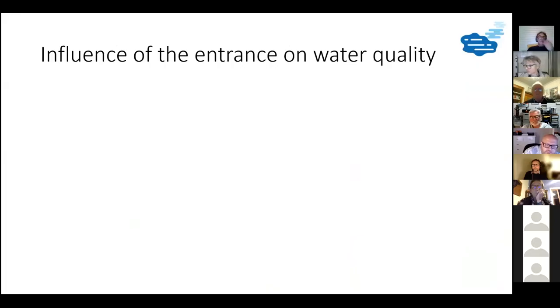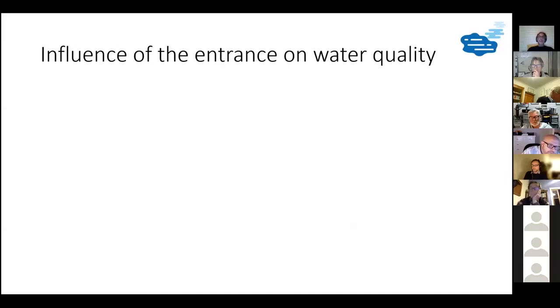I'll move on to the influence of the entrance on the water quality. To assess this issue, we utilised that 15-year data set that I alluded to at the beginning.